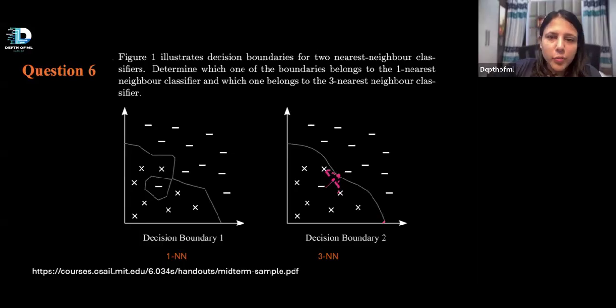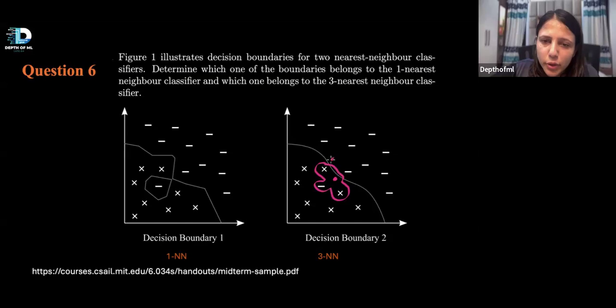Another way of doing it is you take points over here and over here, and you ensure that if I take a point over here and I take 3NN, these are the 3 nearest neighbors. So this is being classified as positive, which is correct because this is the decision boundary and left of this are positive points.